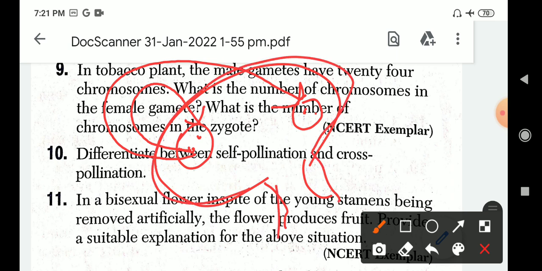So the DNA is the same, no outside DNA has mixed in. This flower is of this plant, that flower was of this plant too, so the same DNA is fusing in the form of male and female gametes. So this is called self pollination, right?